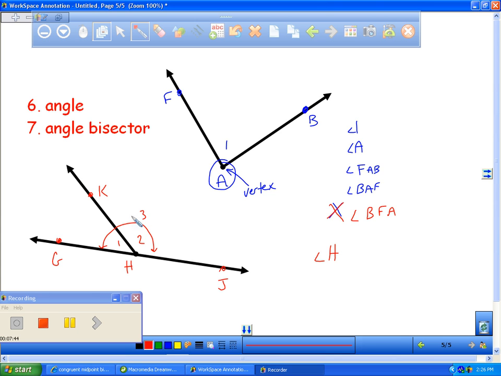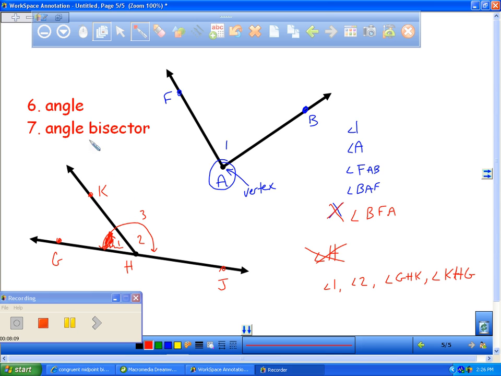So you cannot call this angle H. If you were calling this shaded angle, you could call that angle 1. You could also call it angle 2, or you could call it angle GHK, or angle KHG. Those are the names you could use for this shaded one, and vice versa.